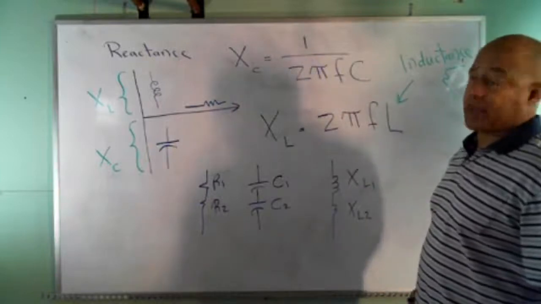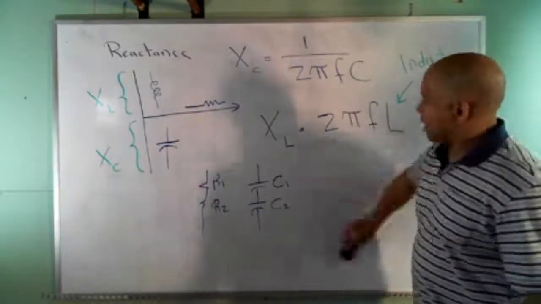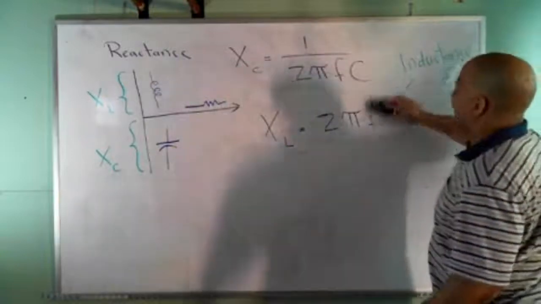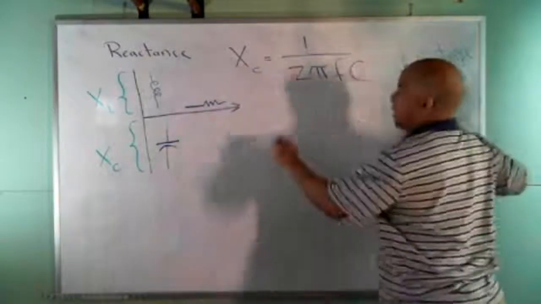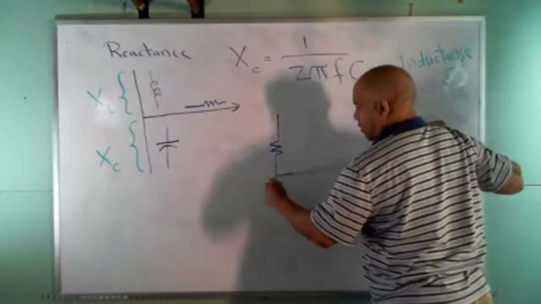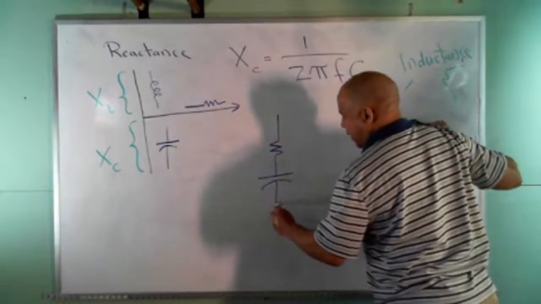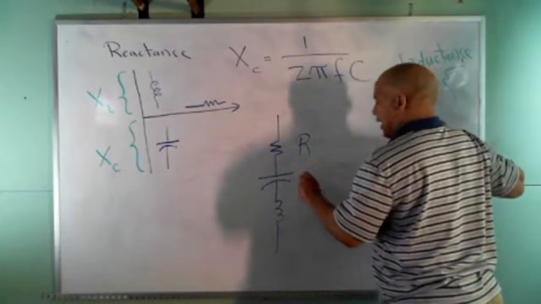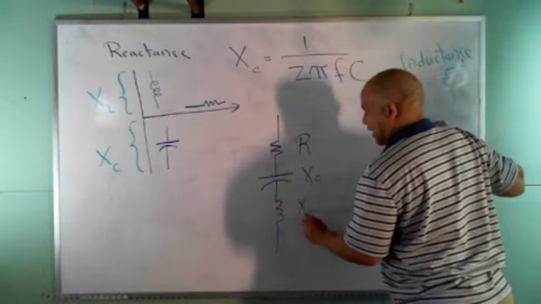So now with what we talked about, and I know we got to practice it a little bit, so I'm aware of that, but now you should be able to have a problem like this. You got the problem maybe with a resistor, a capacitor, and an inductor. So I got R, I got XC, and I got XL.